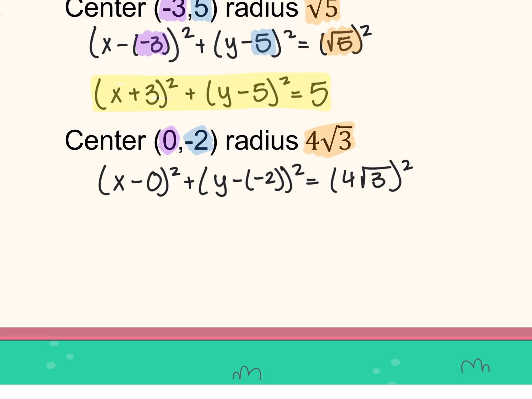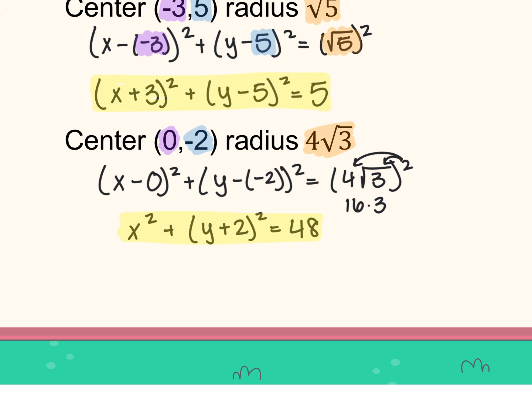Do I need to write x minus 0? No, I don't. So I'm just going to write x squared plus y plus 2 squared equals, evaluating this, I'm going to get 16 times 3. 16 times 3 is 48. We solved that in the last slide. So this should be my answer.